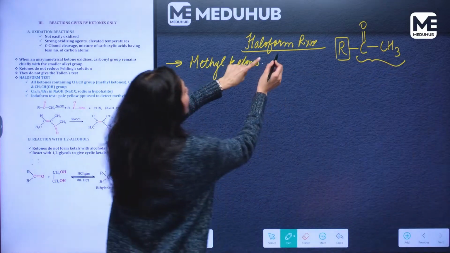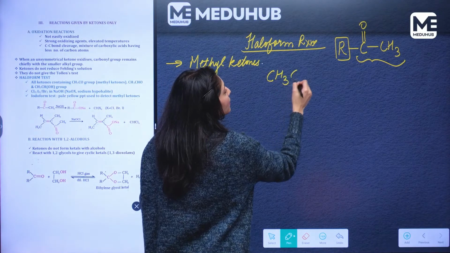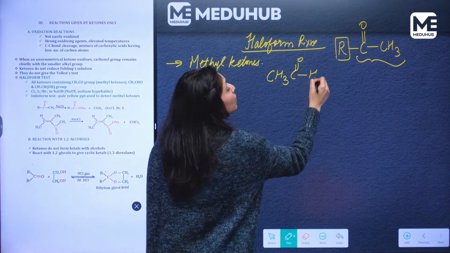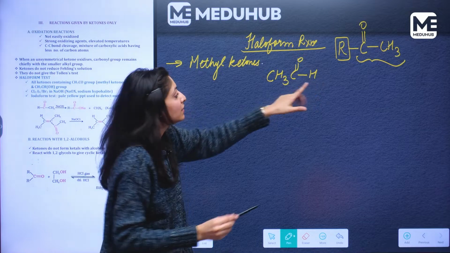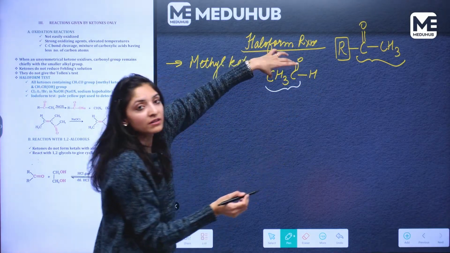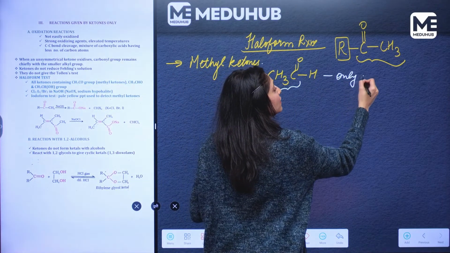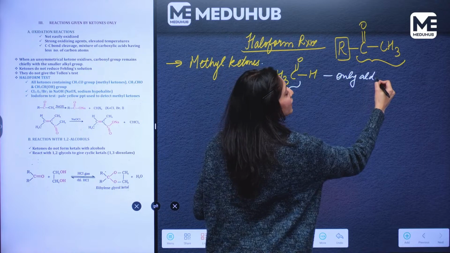Now, this reaction is also given by ethanal. Why? Because if you look at ethanal, it also contains the acetyl group here, CH3CO. This is the only aldehyde which gives the haloform reaction.